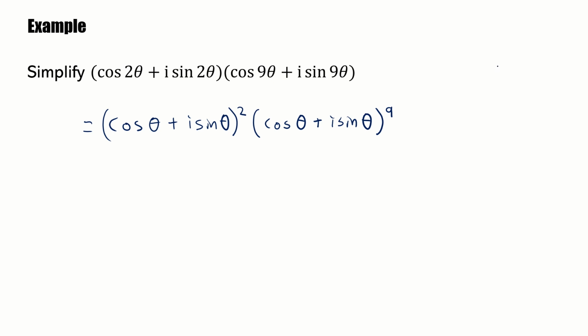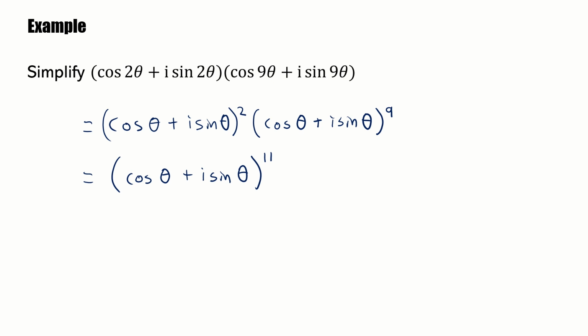The reason this is useful is because now we've got two expressions to different powers. It's the same expression though, the same base, and therefore we can use index laws, which allows us to very neatly gather them together as one big power, so it's 2 plus 9, which is a power of 11. Nice. And then we can take it one step further.